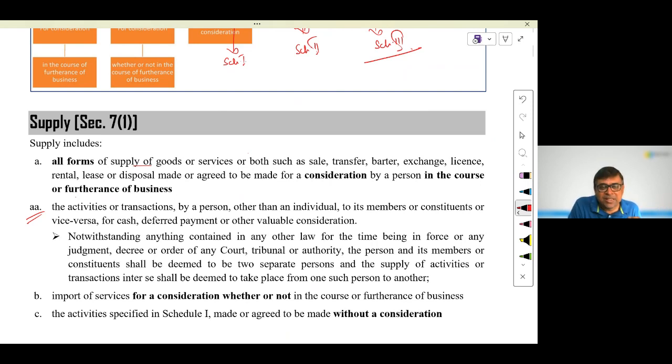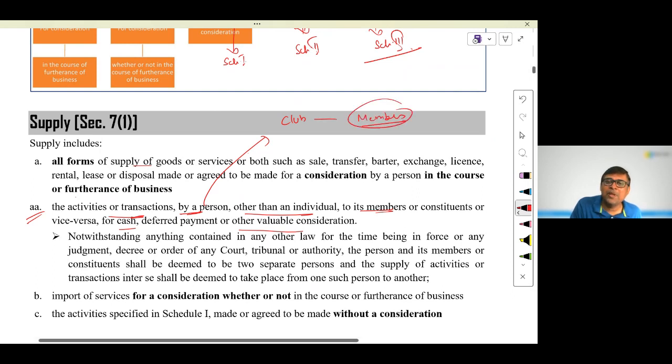However, in case of GST, any activities or transactions by a person other than an individual to its members for cash or other valuable consideration shall be treated as supply. This is basically to cover transactions between a club and its members.